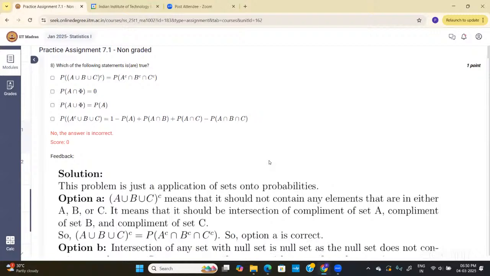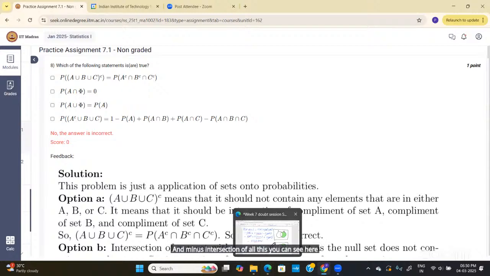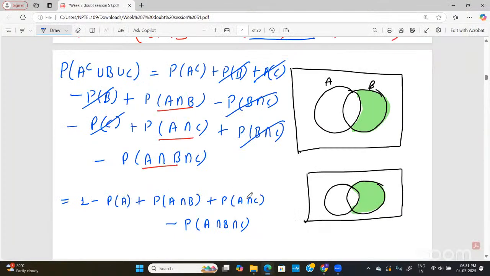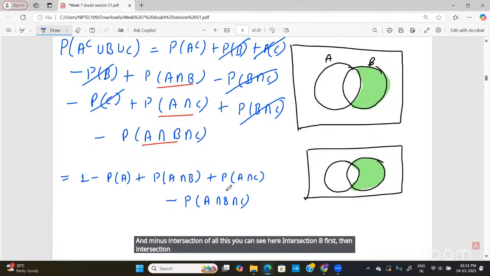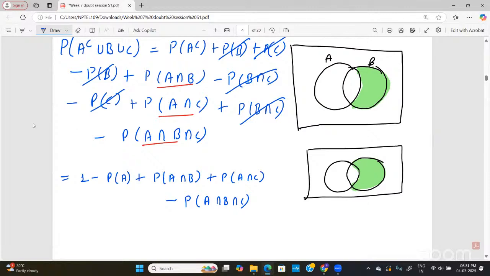These two are the same: 1 minus probability of A, then A intersection B, A intersection C, and minus the intersection of all the three. You can see here, A intersection B first, then A intersection C, and then the intersection of all the three. Is this question clear?